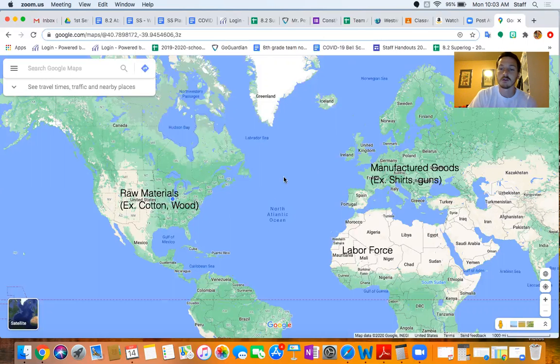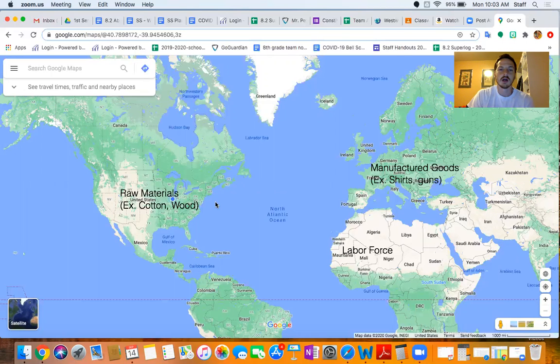Let's say, as an example, they produce shirts and they produce guns. For the shirts, they needed more cotton. For the guns, they needed more wood as well as other raw materials to put them together. So the first step is understanding that trade relationship that started.